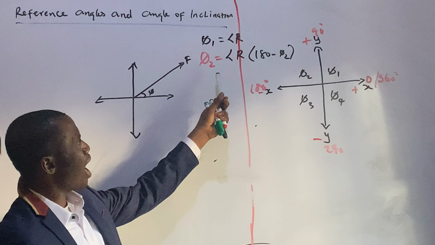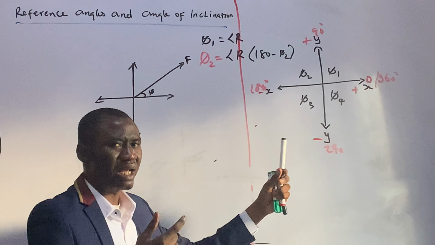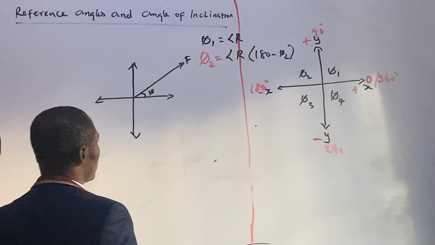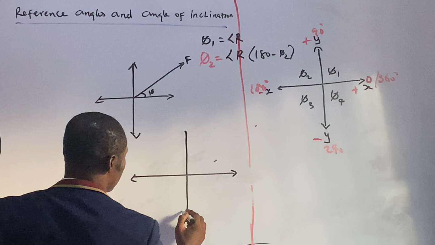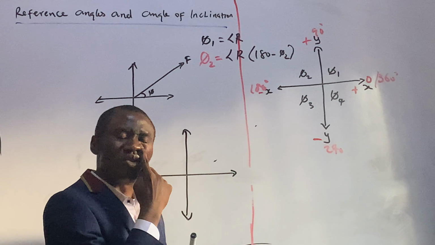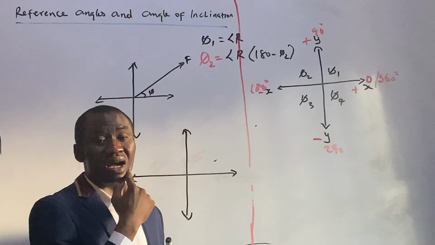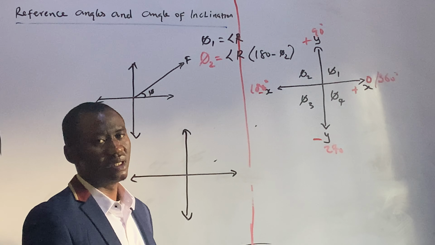The theta 2, or angle of inclination, will be equal to the reference angle, that is 180 minus theta 2. Let me show you what I mean. This illustration usually gives students difficulty in finding the reference angle while solving resolution of 2D vectors.